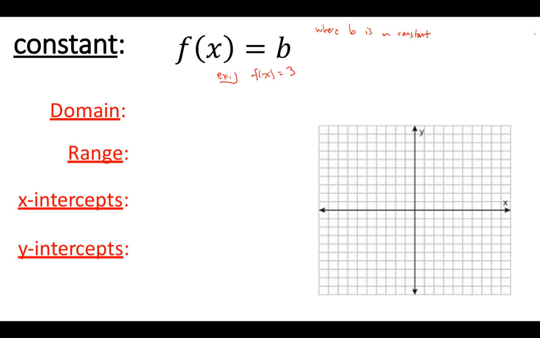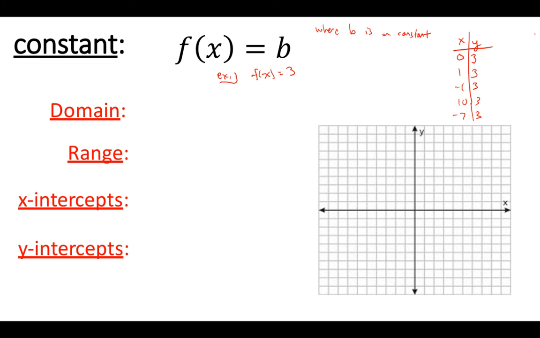So if we have a constant function, and we're to make a little xy chart for this, well, if we plug in 0, what do we get? Well, there's no place to plug in 0, so the answer is just 3. If we plug in 1, we get 3. If we plug in -1, we get out 3. If we plug in 10, we get 3. If we plug in -7, we get 3.